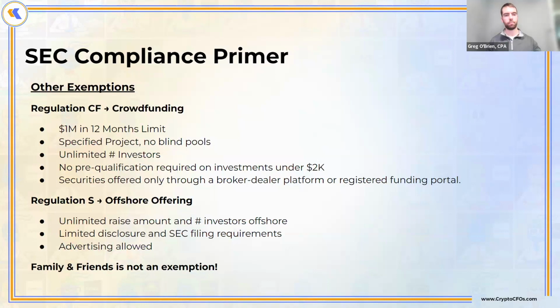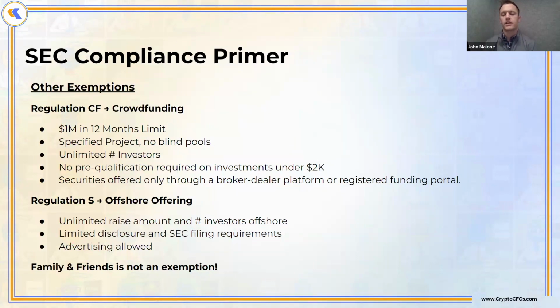Understood. Okay. So other exemptions, you hear about crowdfunding. That would definitely apply to the tokenization of real estate, right? It's just smaller amounts because it's going to be a smaller amount of investment. You do 1 million in 12 months. That's the limit. It's a specified project, so no blind pools, meaning there's a fund for a specified real estate asset.